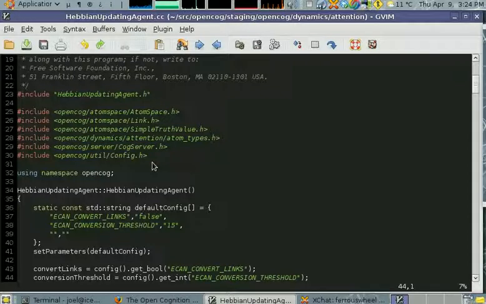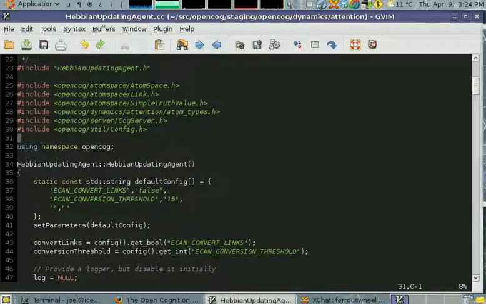So those are the two options, and then there are also symmetric and asymmetric versions of each of those. So you could have ones where if A is in the attentional focus, then B should be, but if B is in the attentional focus, then A doesn't necessarily need to be. Whether these different types of Hebbian links are actually necessary will only be determined by experimentation in the future, but they are there, and I needed them for doing the Hopfield network demo.